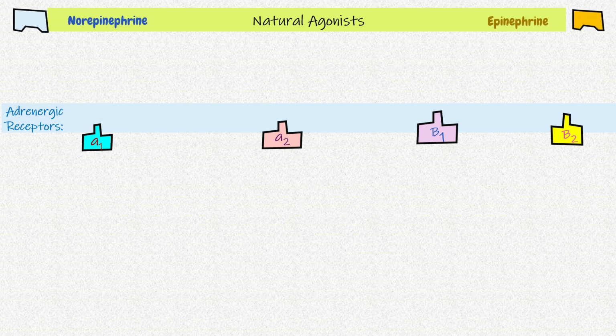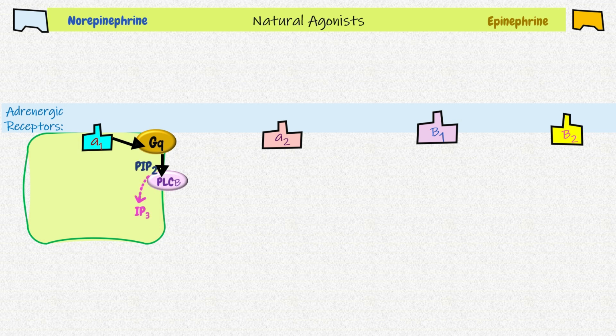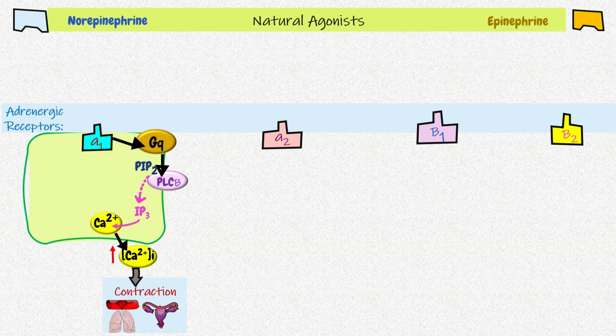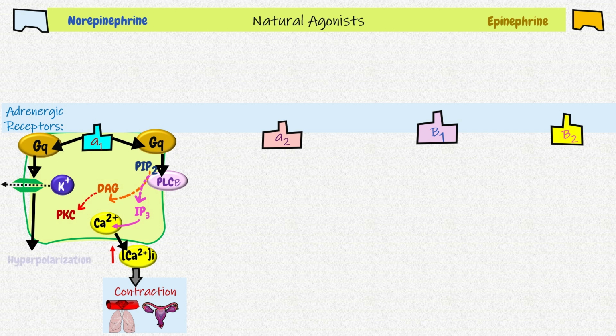Activation of alpha-1 adrenoceptors mediated by Gq proteins and phospholipase C-beta leads to formation of the second messengers inositol triphosphate, which increases the cytosolic calcium concentration, which causes contraction of blood vessels, bronchiole, sphincter, and uterus, and diacylglycerol, which activates protein kinase C. Gq protein-mediated alpha-1 adrenoceptor activity also activates calcium-dependent potassium channels. The resulting potassium outflow hyperpolarizes and relaxes target smooth muscles.